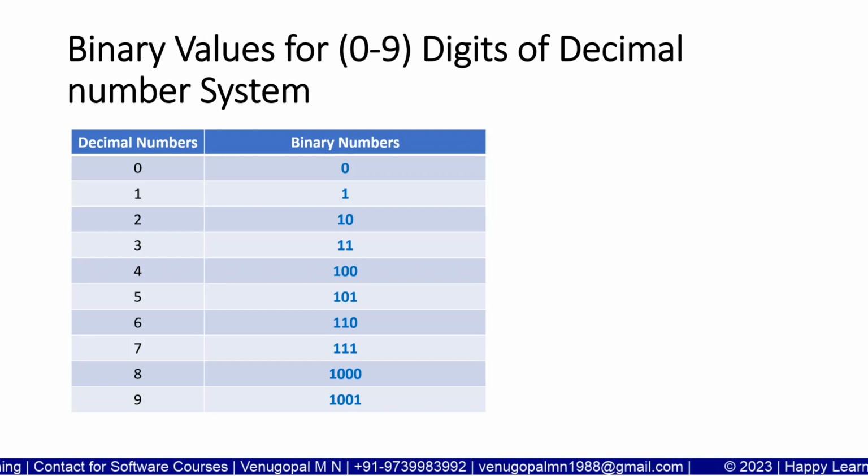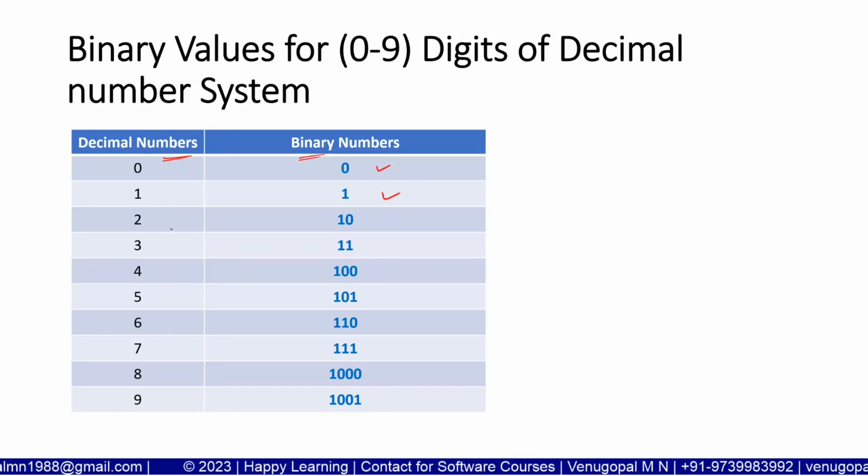This chart shows the decimal numbers and their equivalent binary numbers. The decimal numbers are 0, 1, 2, 3, 4, 5, 6, 7, 8, 9. The equivalent binary of 0 is 0, and of 1 is 1.